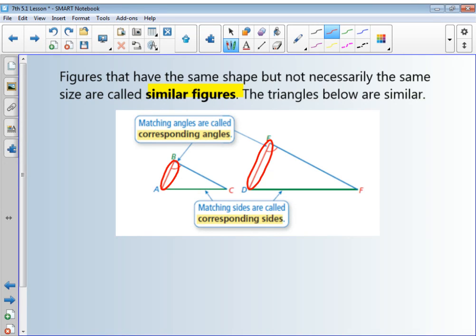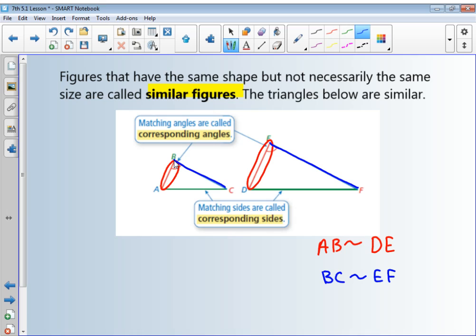So side AB corresponds to side DE. That little funky shape between AB and DE just means similar to, or it corresponds to. Then we also have the blue side on each of these. So BC corresponds to EF.